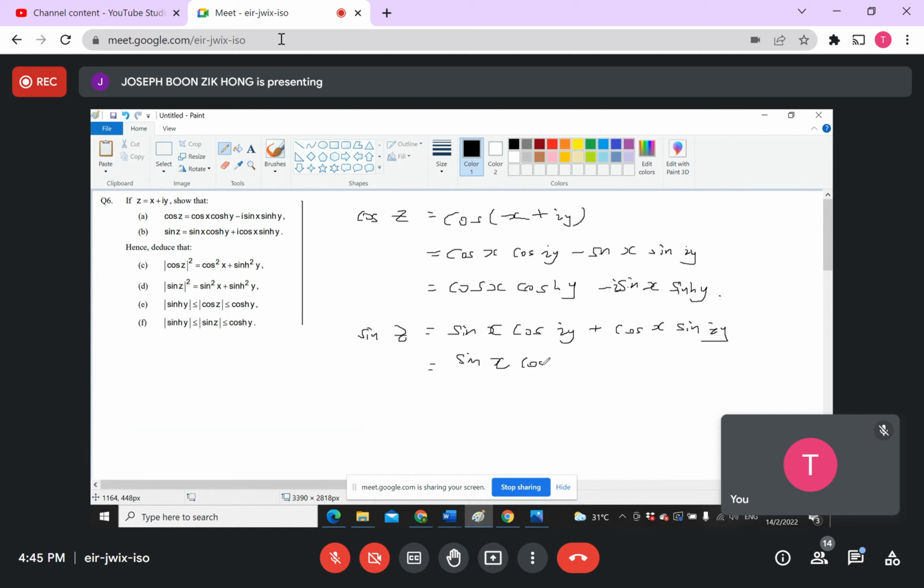Cos will directly become cos hyperbolic, and sin will become i outside. Hence I have proved A and B.